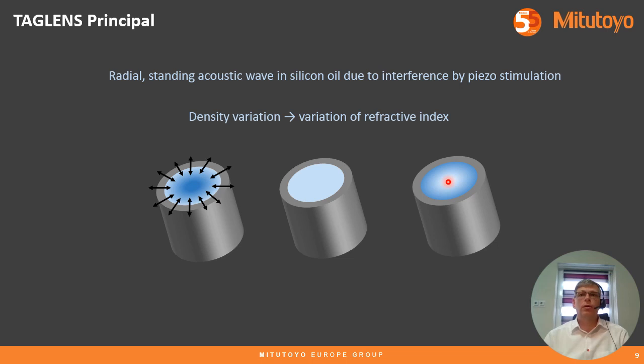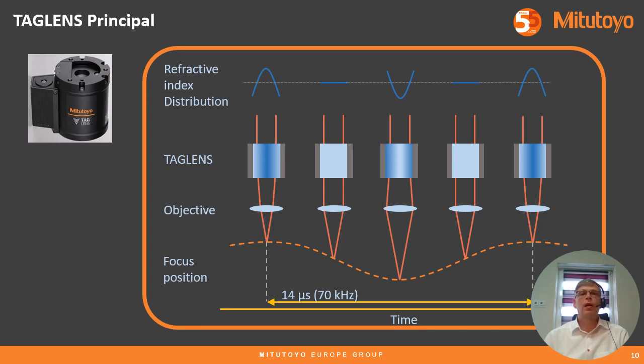Therefore, also a low refractive index in the center, higher refractive index in the outer part. So we have different distributions of the refractive index. We have situations where we have a high refractive index in the center and going to lower refractive indexes to the outer side.